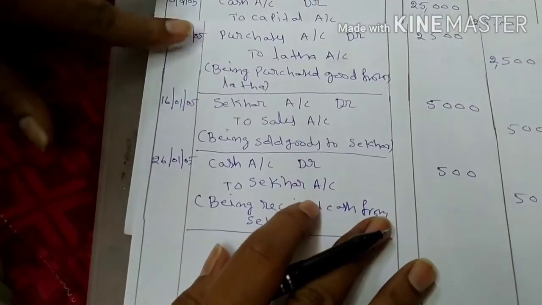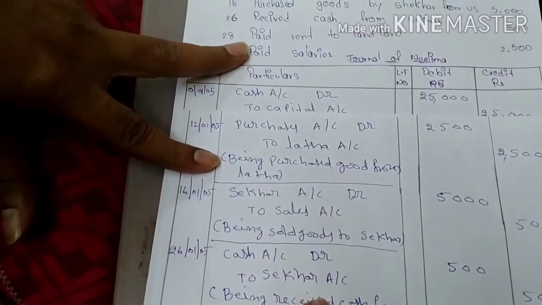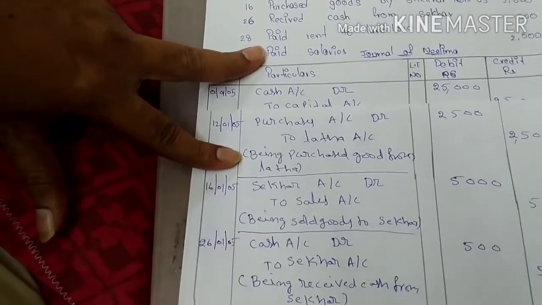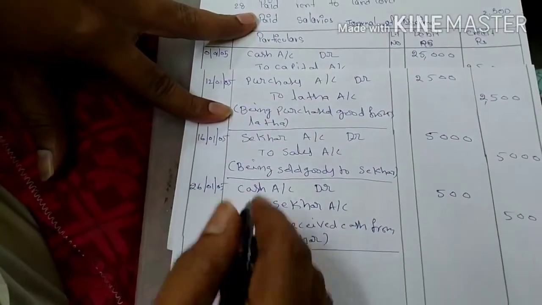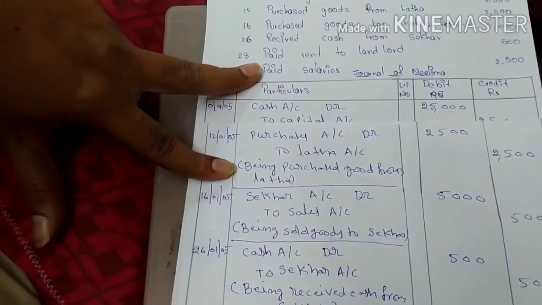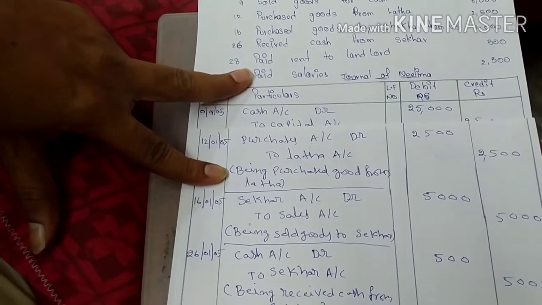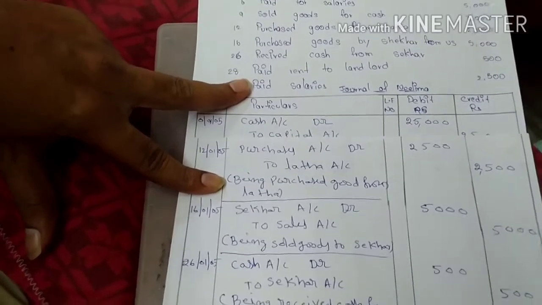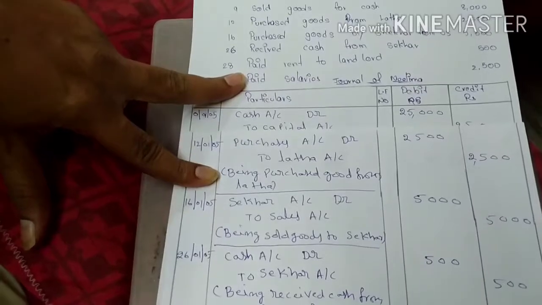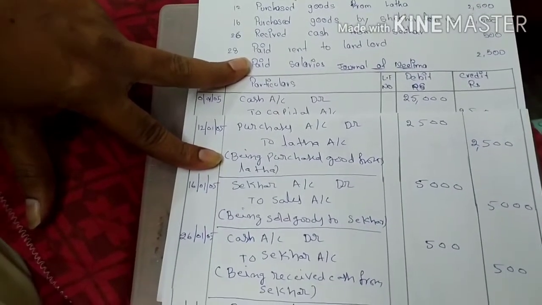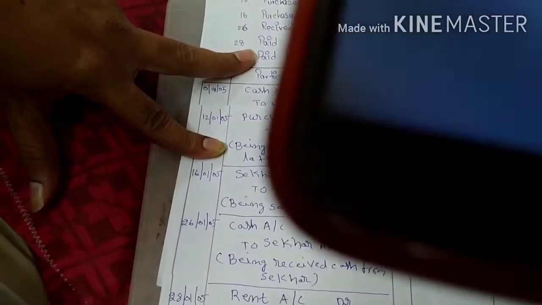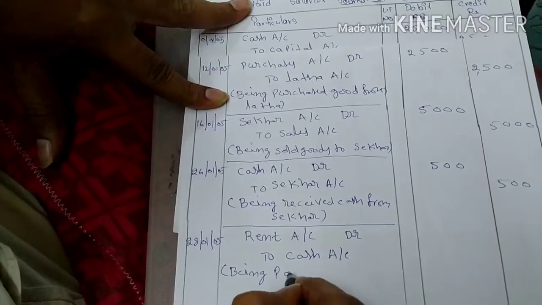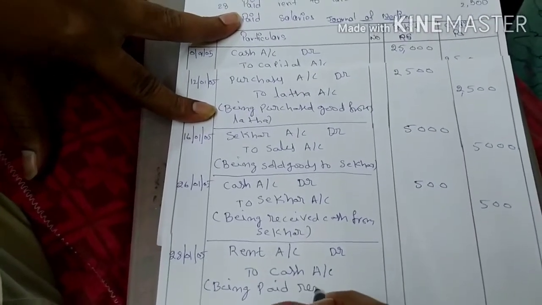Next, 28/1/2005, paid rent to landlord. So rent account debtor to cash account, being paid rent.